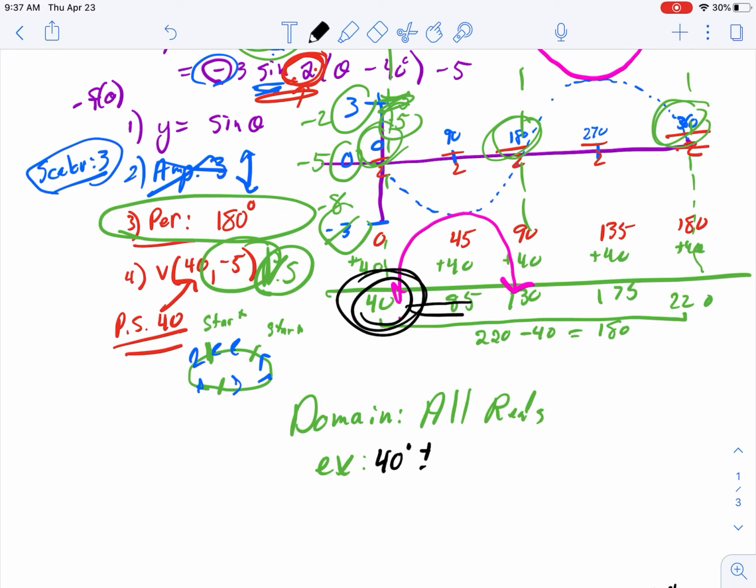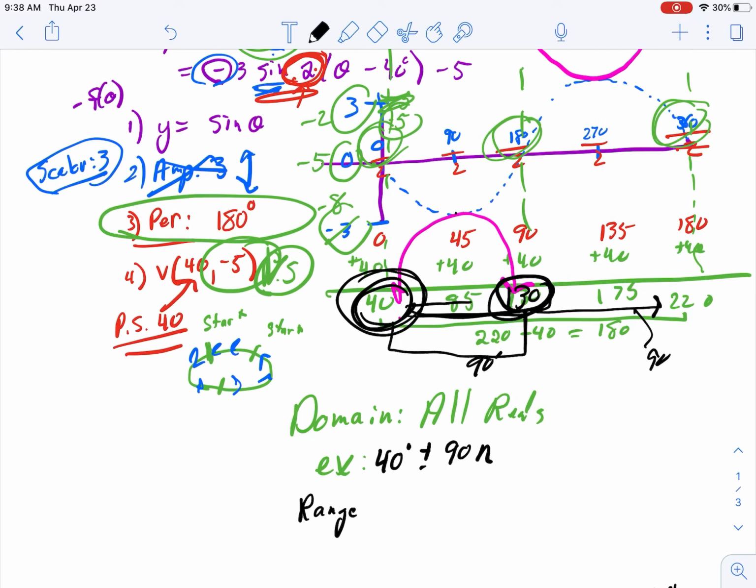It's 40 degrees. Now, how far is it to the next asymptote? Well, from 40 to, I can't read it. What is it? Well, that's 130. How far apart is 40 and 130? Well, that's 90 degrees. So therefore, it'd be 90 in, and then the next one is 90 degrees.